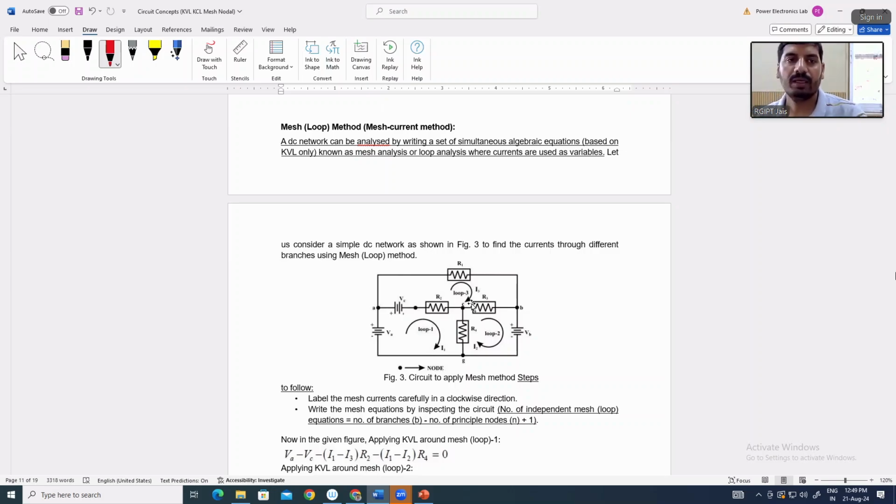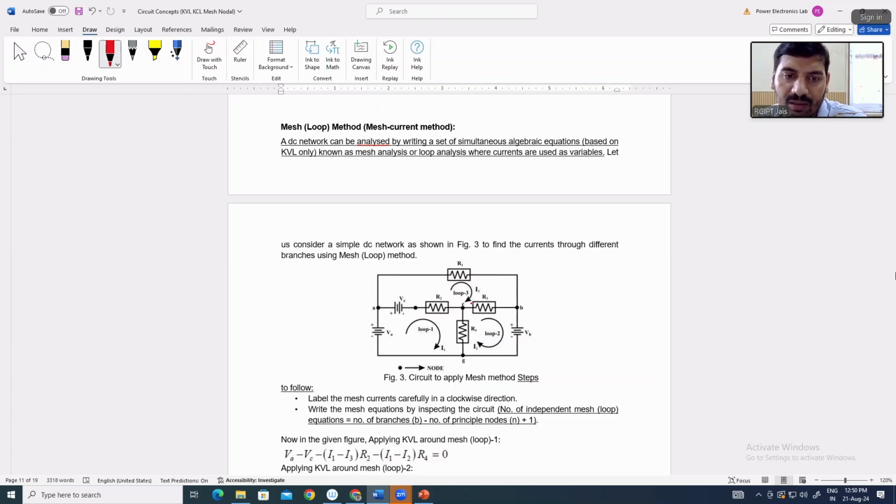So in the mesh method or loop method, you first identify the number of meshes, then denote the loop currents in them. In this circuit you can see there are 3 meshes, just like in the previous diagram, figure 1, where there are 3 meshes but more than 3 loops.